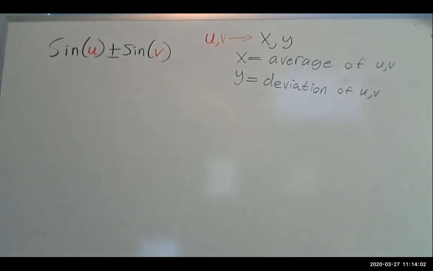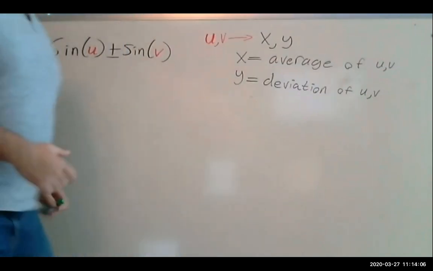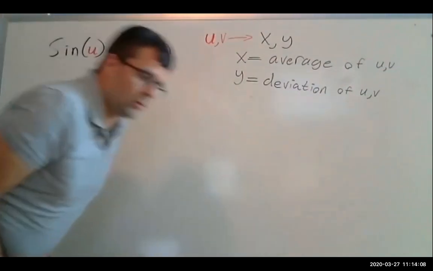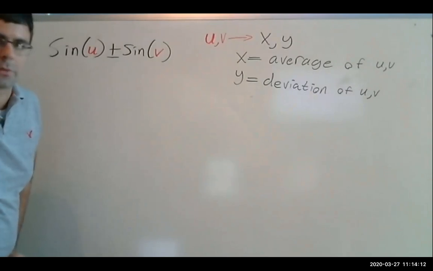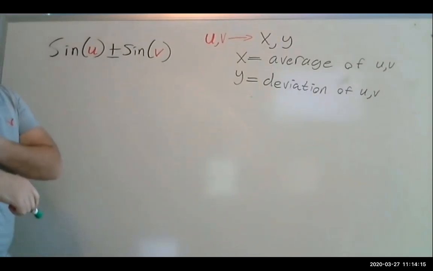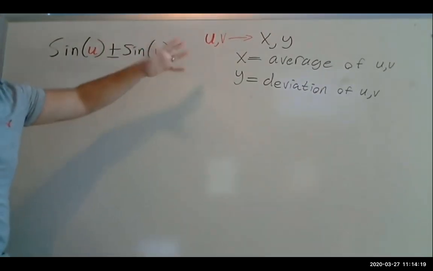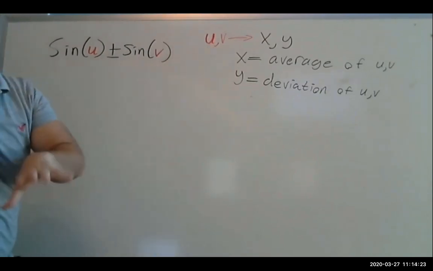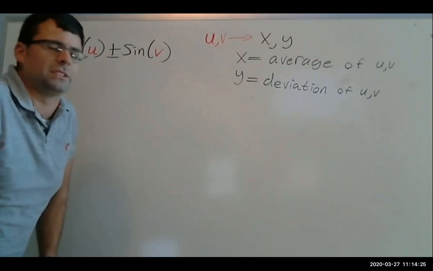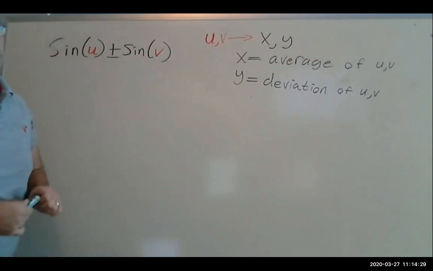But it's one of those things that is actually very helpful in solving different kinds of problems, equations. And it's taking two numbers and converting them into a different set of two numbers. But the different set is actually very useful.